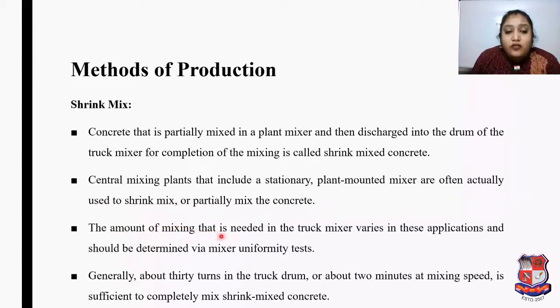The amount of mixing that is needed in the truck mixer varies in these applications and should be determined via a mixer uniformity test. Generally, about 30 revolutions of the truck drum or about 2 minutes at mixing speed is sufficient to completely mix shrink mixed concrete.